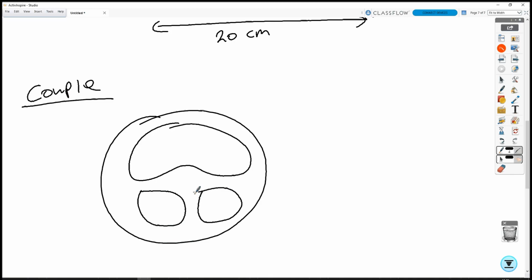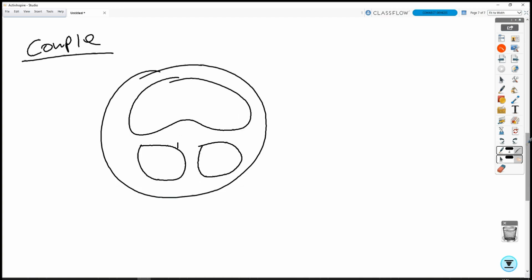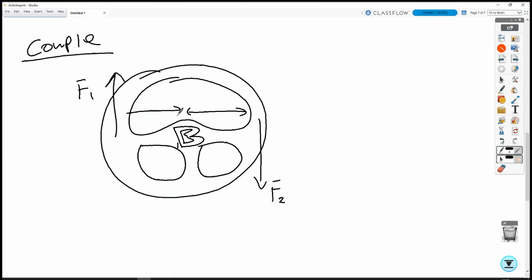So here's a steering wheel. It's of a fancy car brand, which is the B-Mobile. If we're going to steer to the right, we apply one force up, one force down, and the pivot is this distance here, or distances, which are the same distance apart.